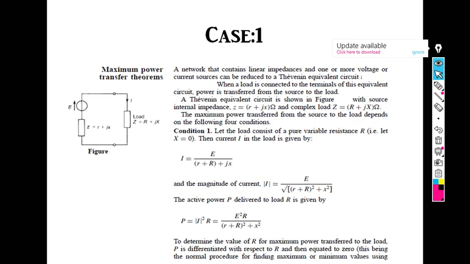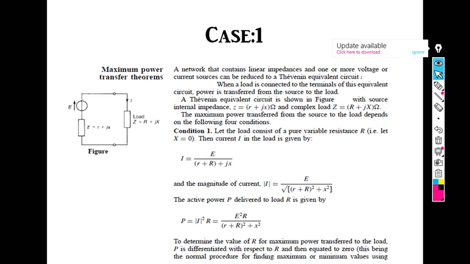Similarly in AC circuit the load may also be an impedance load. There may be a load resistance present, or load impedance present. So first I am considering that impedance ZTH is equal to small r plus j small x, and this is the VOC, and the load is capital R plus j capital X. Now, what are the cases we can solve to find out the maximum power?